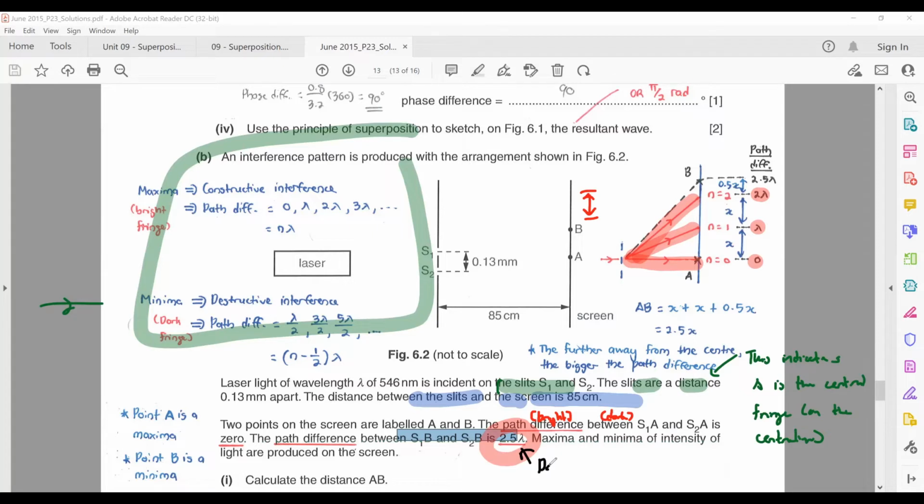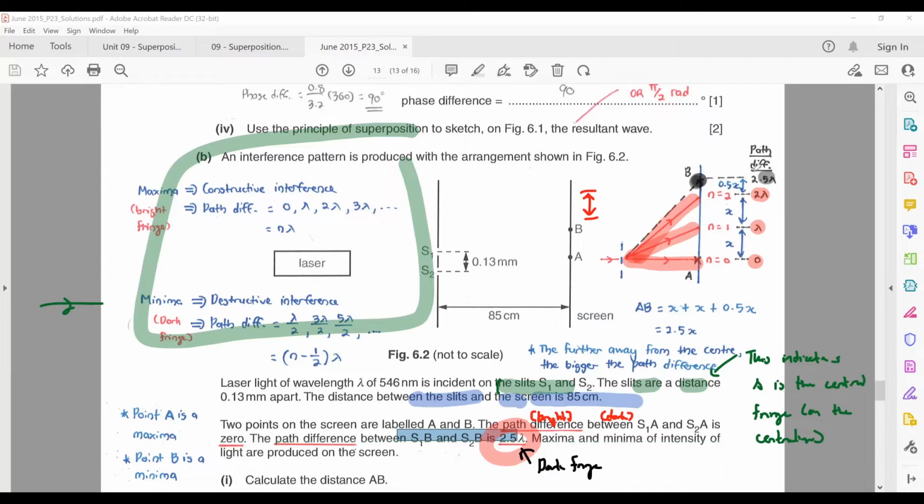2.5 lambda is a dark fringe. But what's the position of the dark fringe at 2.5 lambda? It's somewhere here. You have your first bright fringe, second bright fringe, third bright fringe. Immediately after the third bright fringe is a dark fringe.